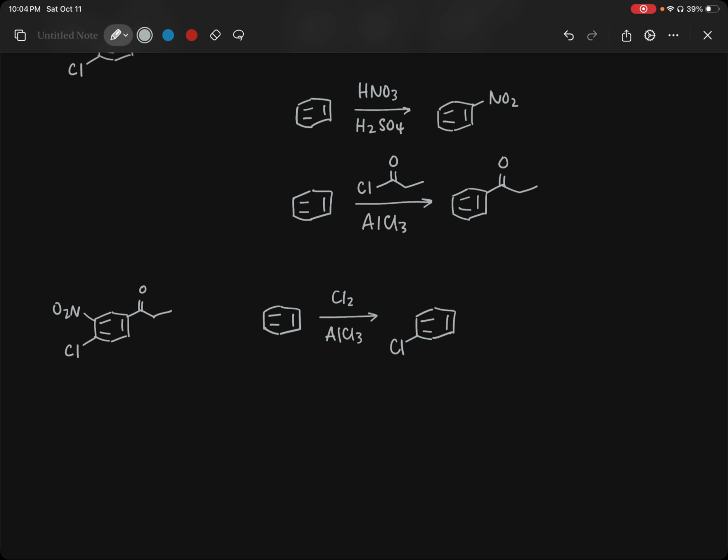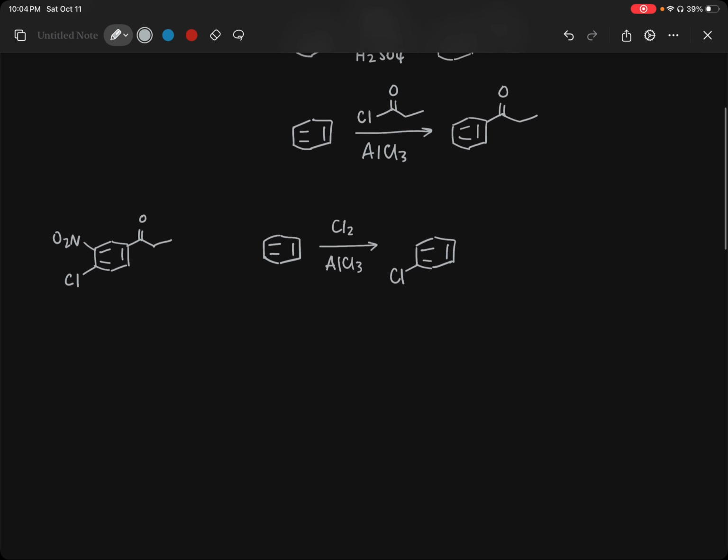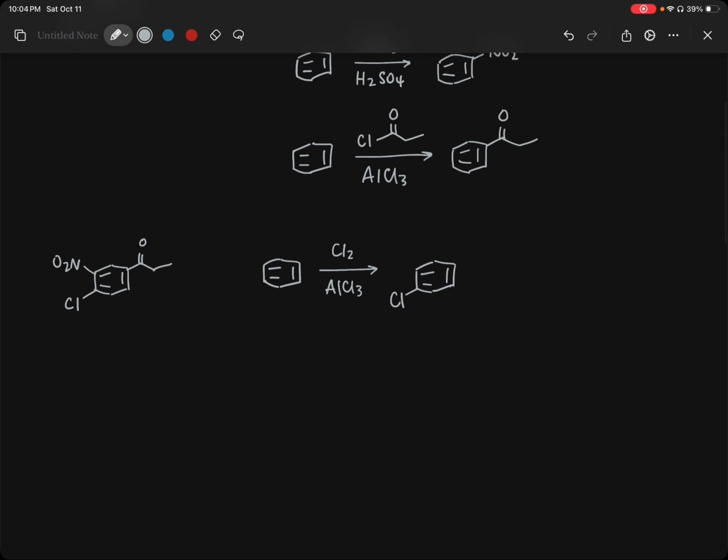Now, in this case, we actually have two options. It would be pretty much equally correct to do the nitro group or the acyl group next. And so I think what I'll do is write out both syntheses so that you can see that there's really two correct answers to this.